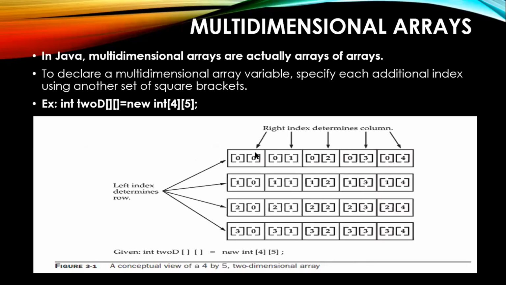So my intention is something like this. 0th row, I want only 2 elements. First row, I want only 3 elements. Second row, I want only 1 element. Third row, I want actually 5 elements.